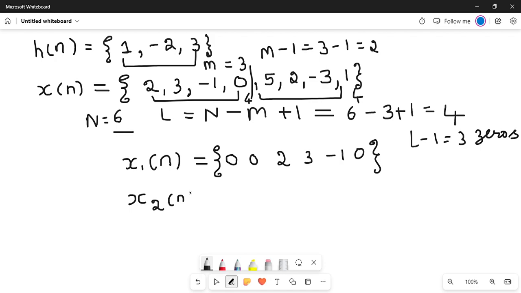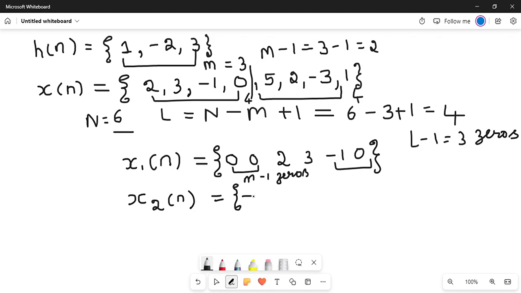Now let us take x2 of n. If we take x2 of n, what do you have to add? First, for x1 of n you add m-1 zeros, and for x2 of n you add m-1 values of x1 of n. What are the m-1 values? -1 and 0, right?